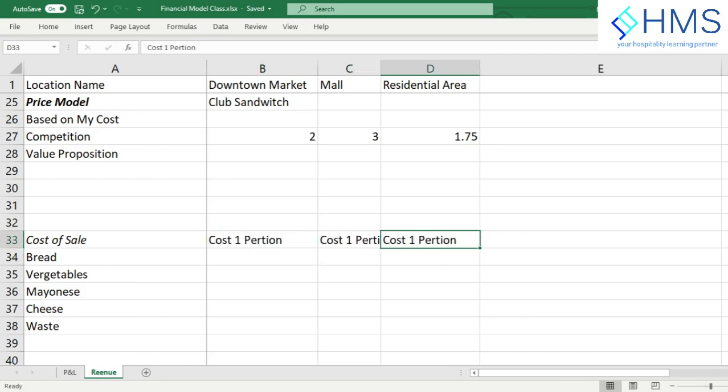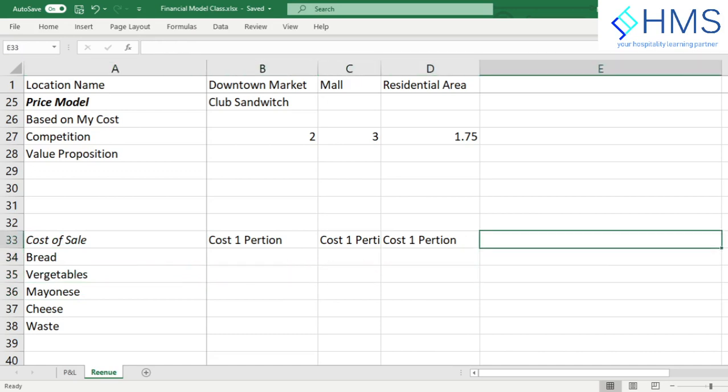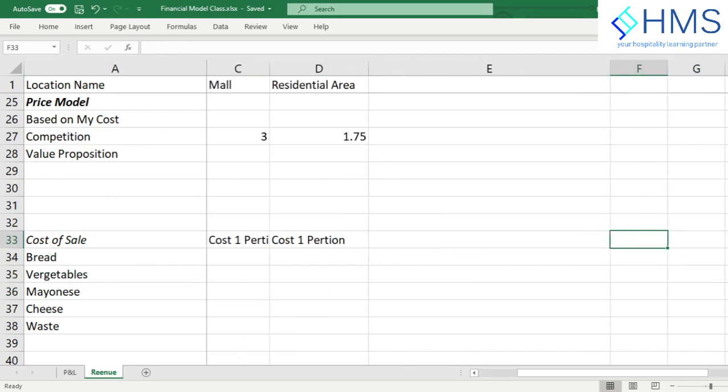The cost of sale will come from the quantity and its raw material price. And since the recipe will be standard for us, the recipe is how much of each ingredient I use.